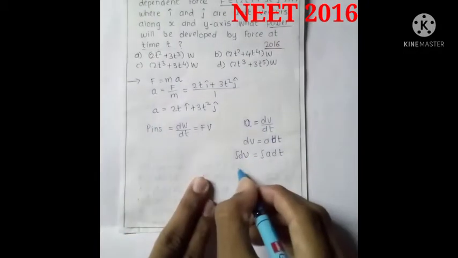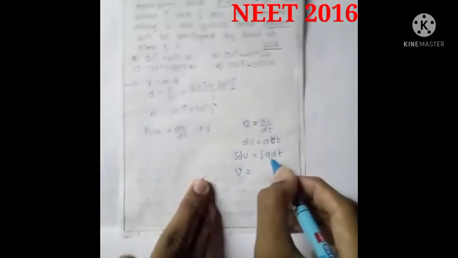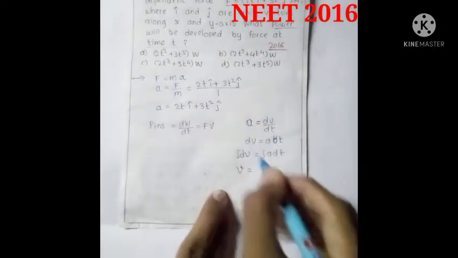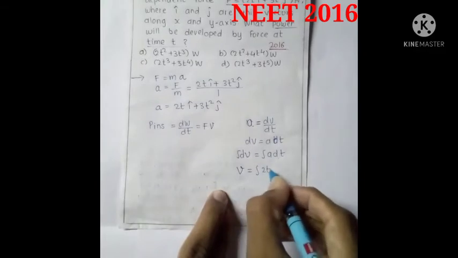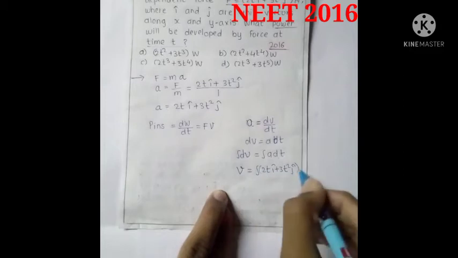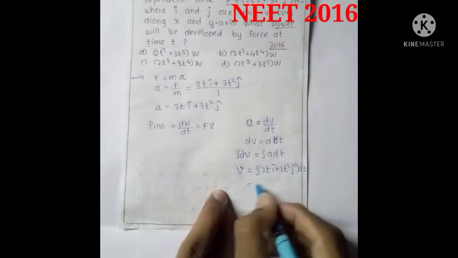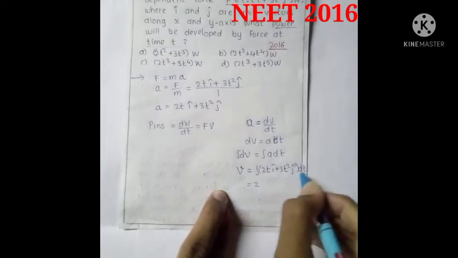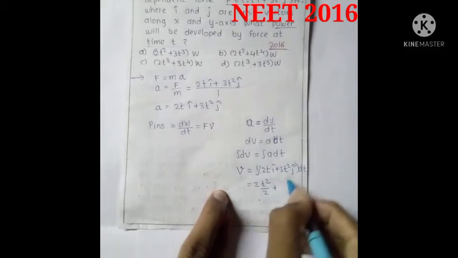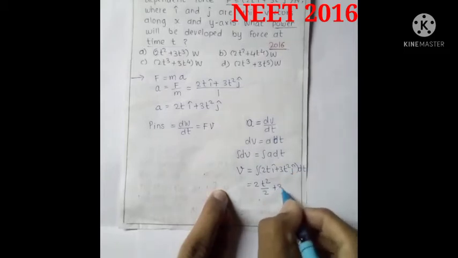So integration of dv becomes v. Integration of a dt is, acceleration is 2t i cap + 3t² j cap with respect to dt. 2 is constant. Integration of t with respect to dt is t² by 2, plus 3t². 3 is constant.